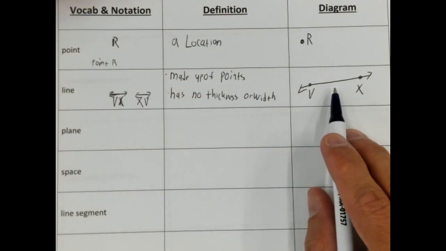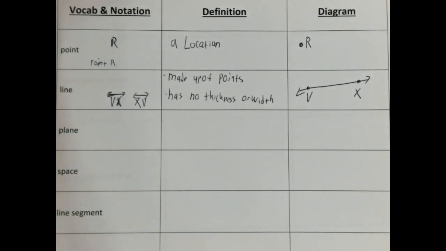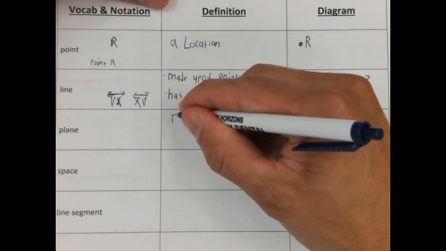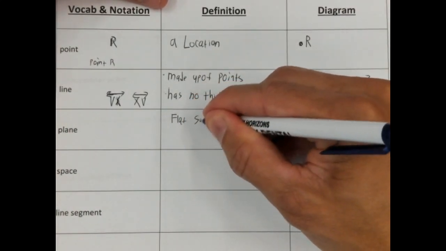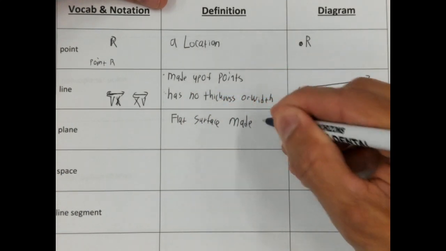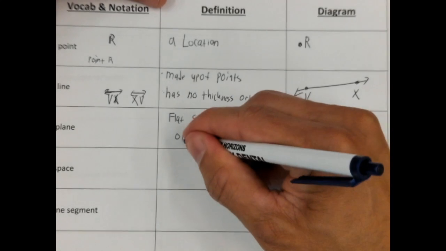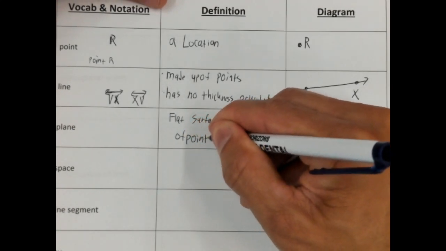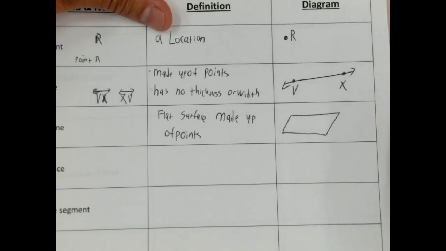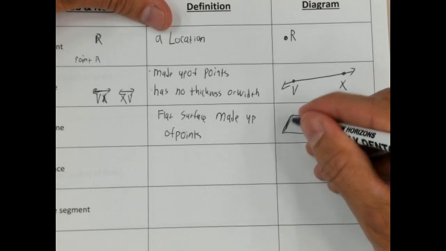Okay, plane. A plane is a flat surface made up of points. And typically it's drawn as a parallelogram. It's usually the way it's drawn. Oh, it's a crappy parallelogram.